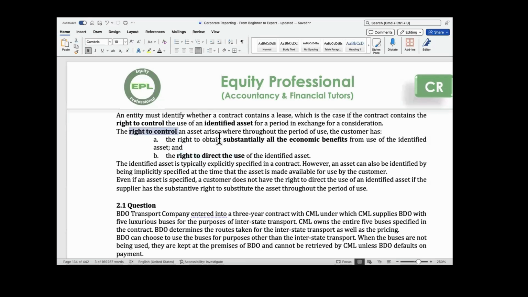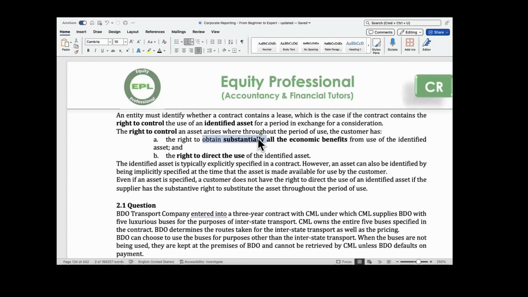And when we say right to obtain substantially all economic benefit, what we are simply saying is that the lessee is the sole user of that asset. It is the lessee that is only benefiting from that asset, none other but him.